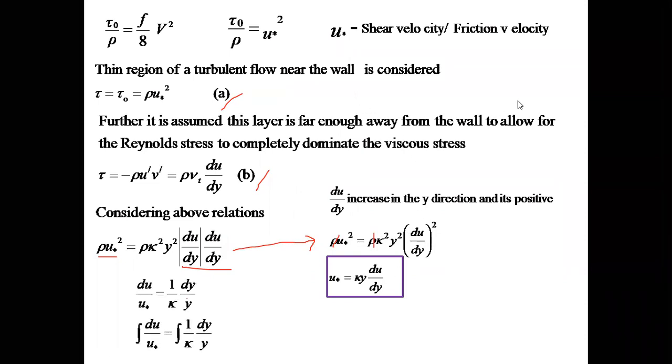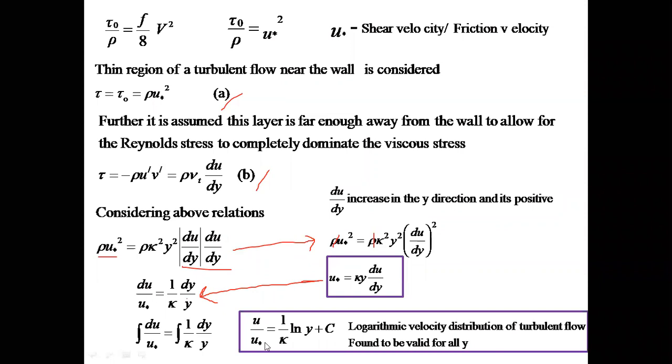Okay. If you rearrange this equation into this form and integrate both sides, we will get u over u star equals 1 over k ln y plus c.